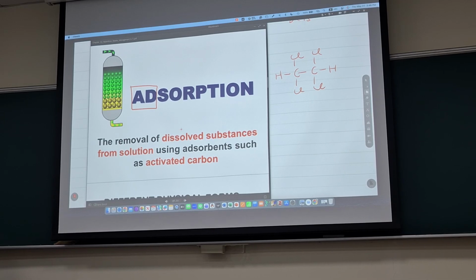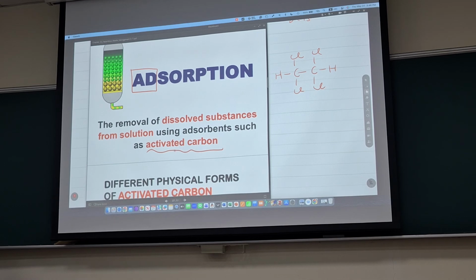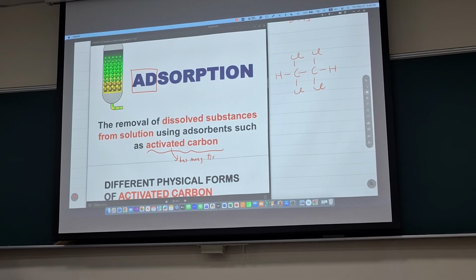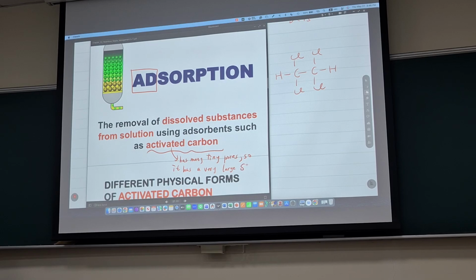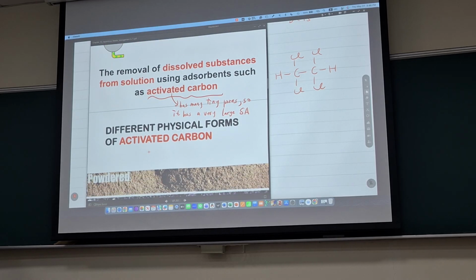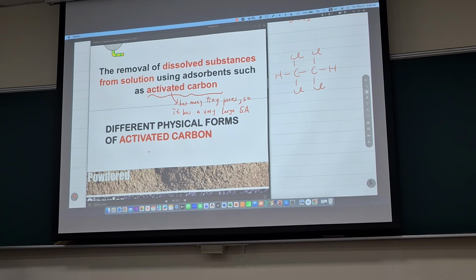Normally we use activated carbon, because activated carbon has many tiny pores, so it has a very large surface area for adsorption.